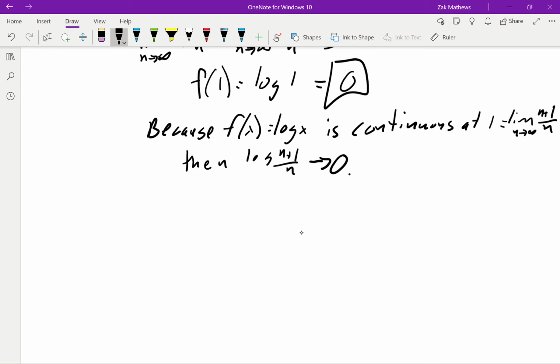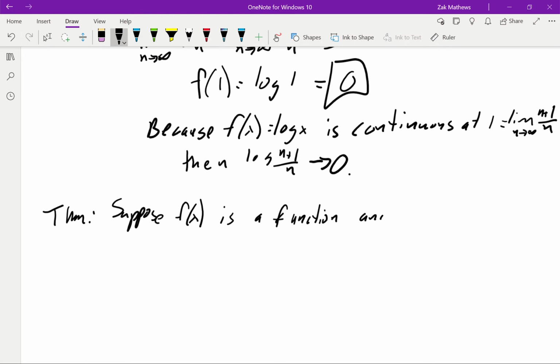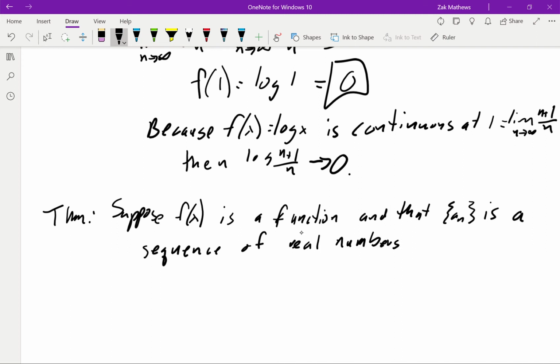Let's discuss another theorem. Suppose f of x is a function and that the sequence a_n is a sequence of real numbers such that a_n is equal to a function of n for all n greater than some initial starting value.